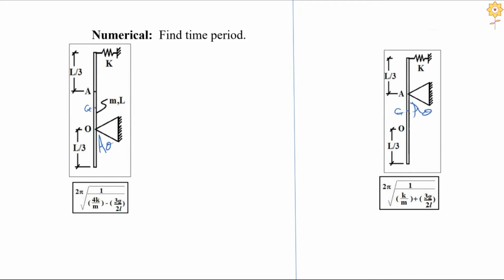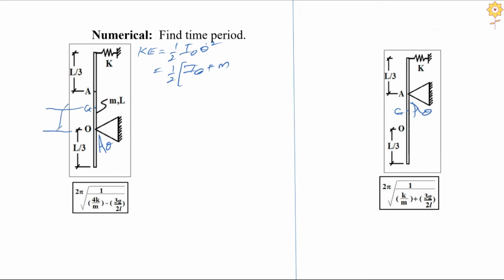So let me write the kinetic energy. So what is that? Half into mass moment of inertia about the O axis into theta dot squared is equal to half into I about the O axis, which is nothing but I about the CG axis plus mass of the lever into the distance between the CG axis and the pivot squared.